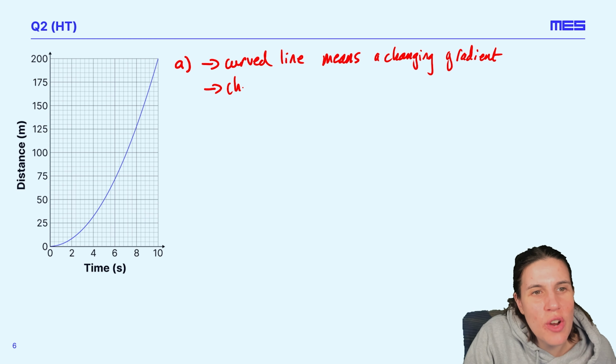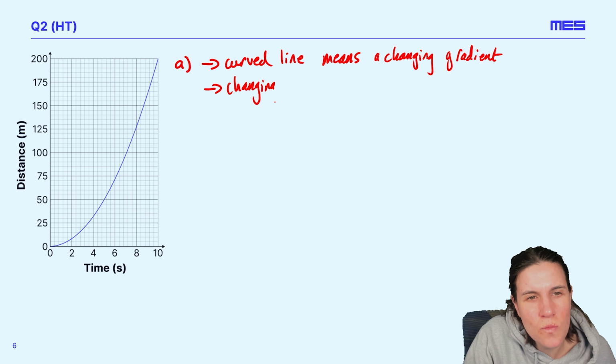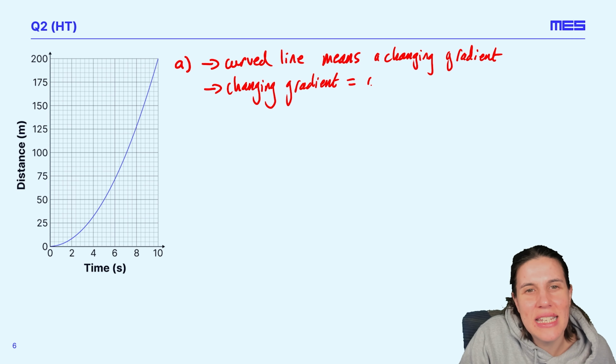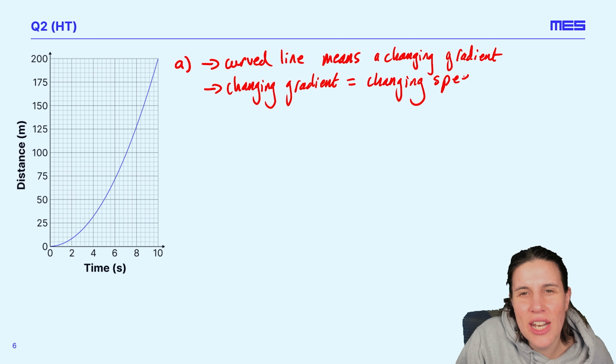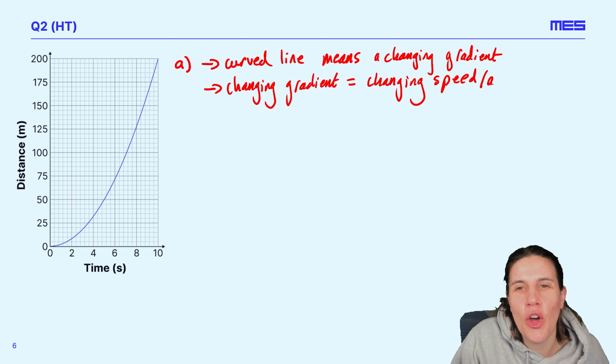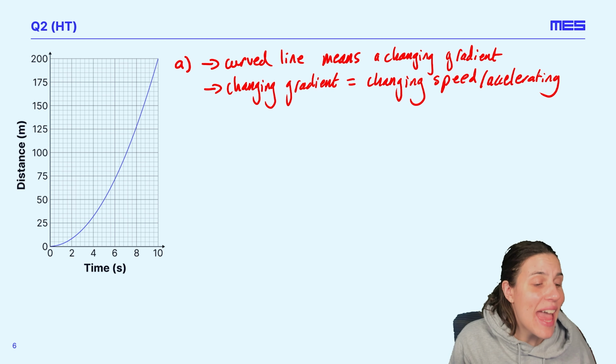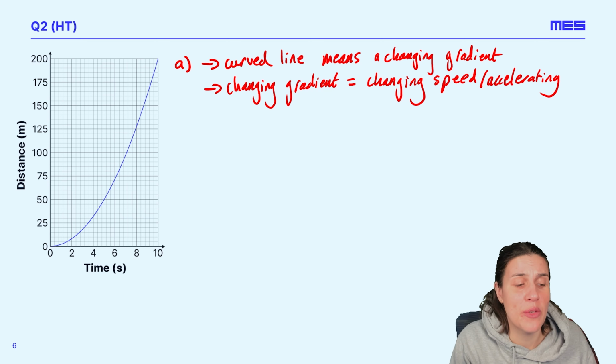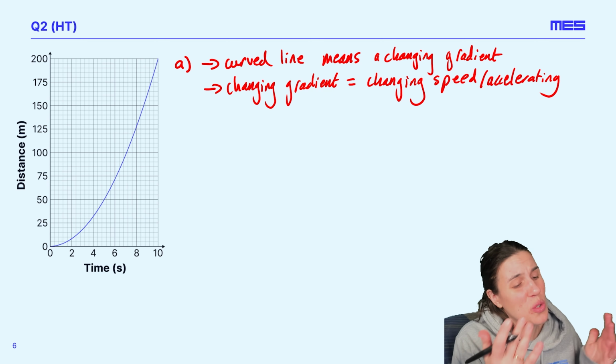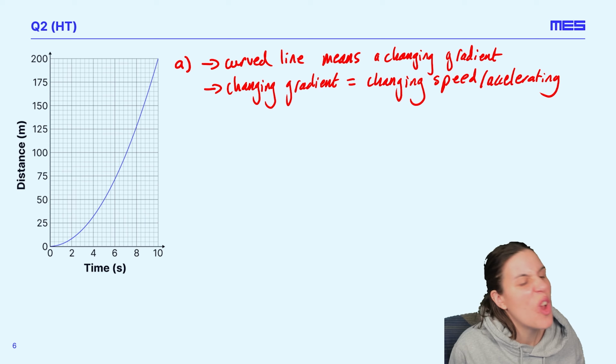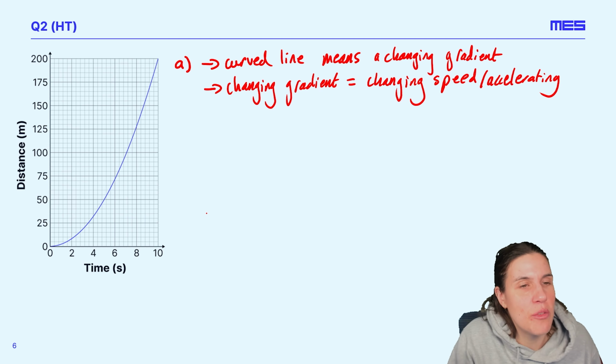So a change in gradient means a changing speed. Instead of writing changing speed, we could maybe say the object is accelerating. Now we can use accelerating for changing speed, depending on whether it's speeding up, an acceleration, or decelerating, which is slowing down. We can use the word accelerating for both.